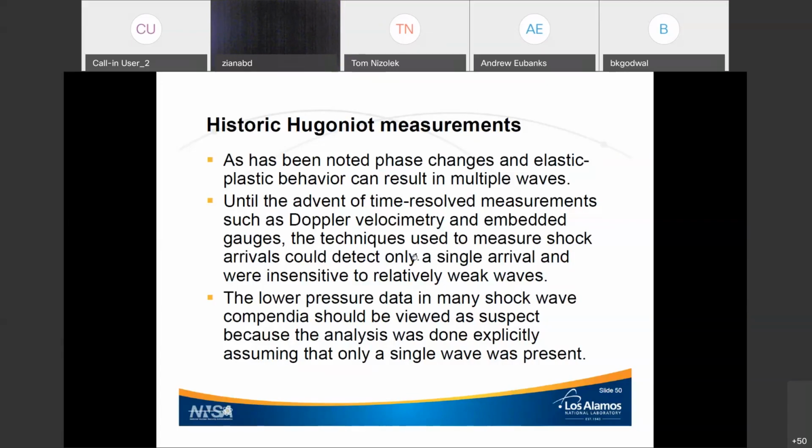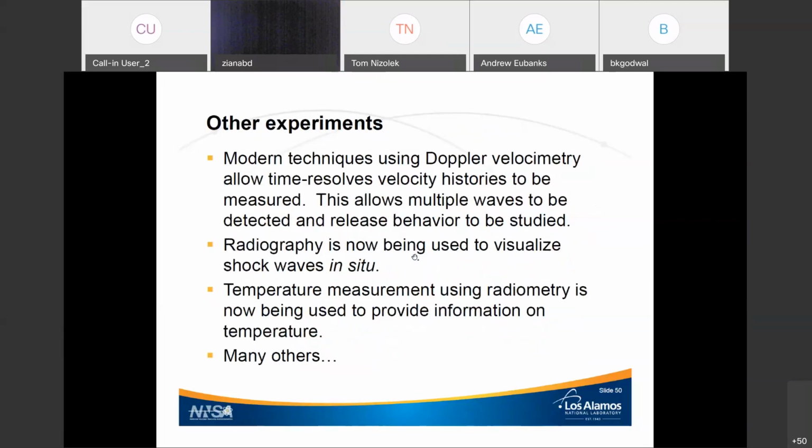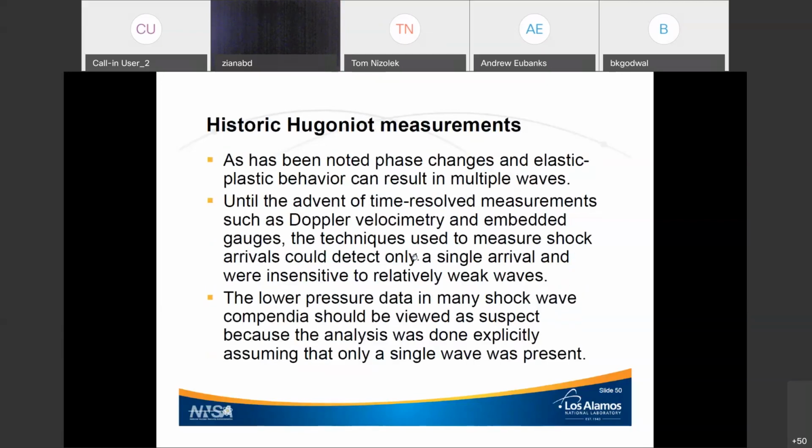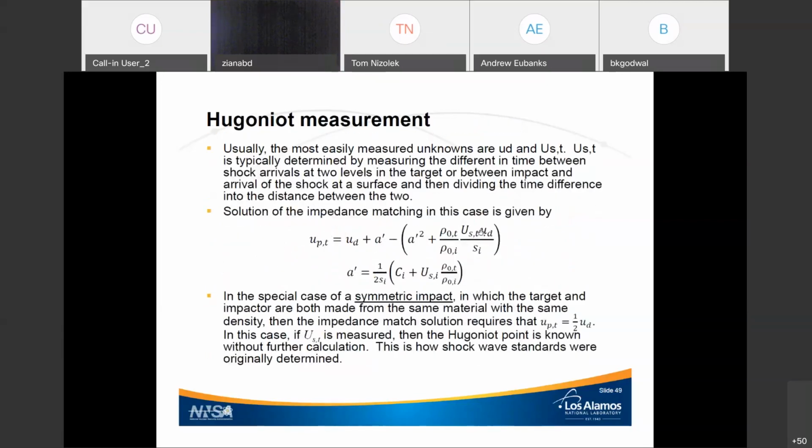The analysis was done using this sort of calculation where the single wave that you measured is assumed to have started from room conditions.